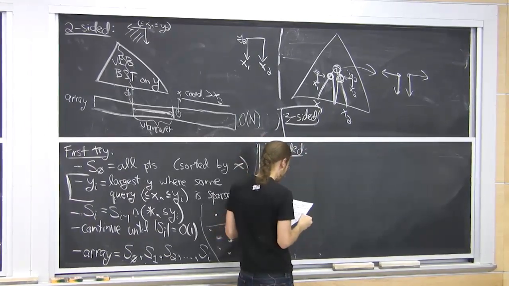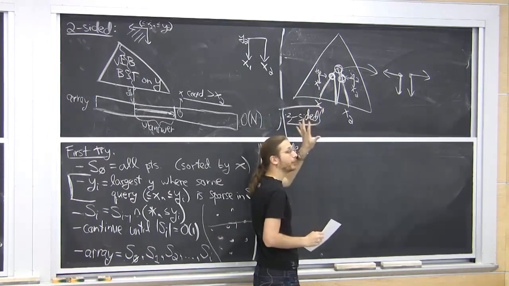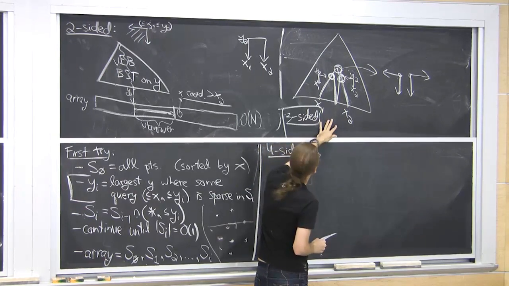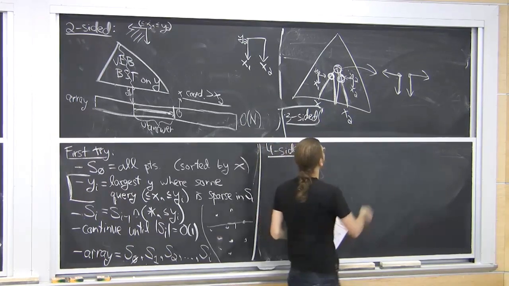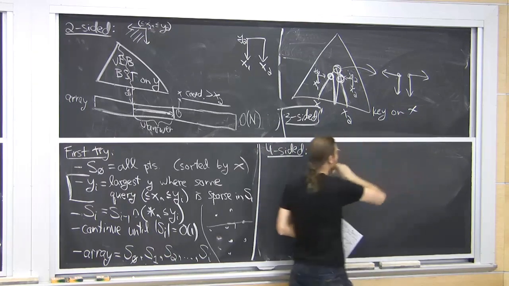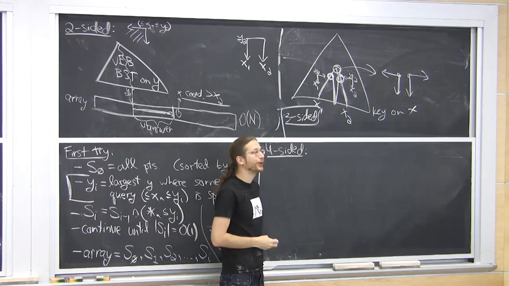Four-sided. So we're going to do the same thing, but not on a binary tree. Take this binary tree. This is sorted by x, I suppose. This is keyed on x. Instead of making it binary, make it a root log n-ary tree.